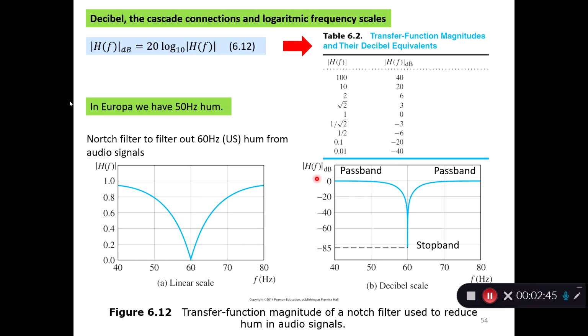But if we turn to this part of the screen, we can see the transfer function magnitudes in the decibel equivalent, because we have 0 dB at 1, and then we go down in scale.